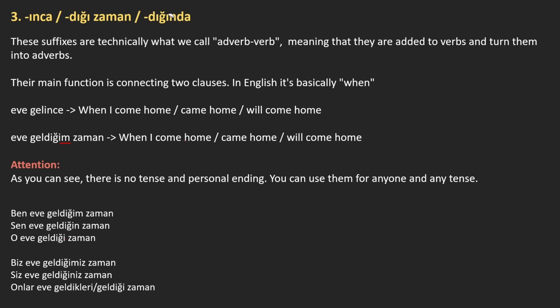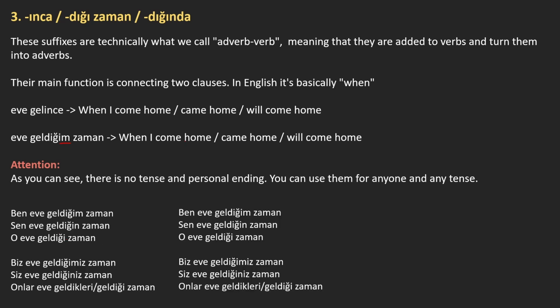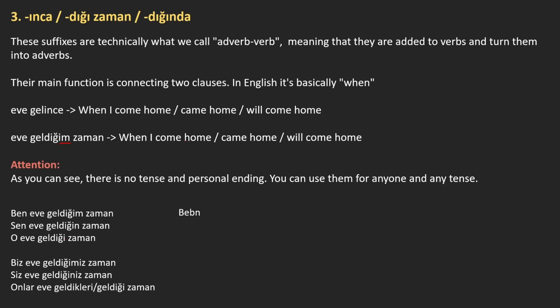And there's also this dığında. It's basically like you get rid of zaman and you shorten it to dığında. If I write it down here, it will look like this. Ben geldiğimde, sen geldiğinde, o geldiğinde.